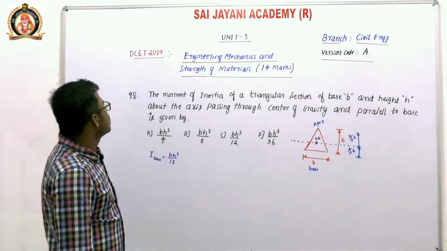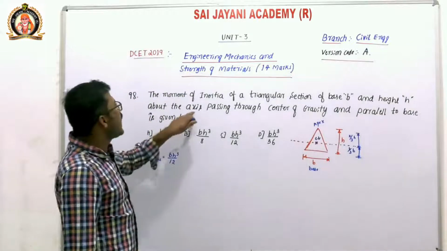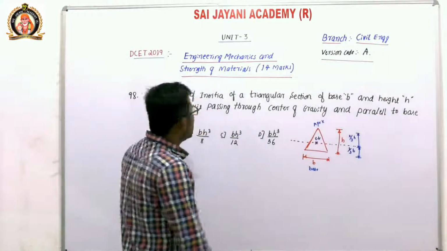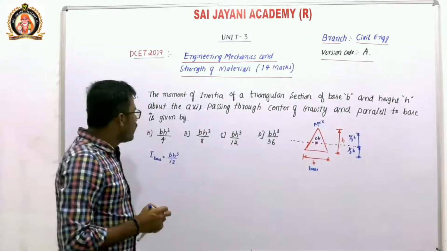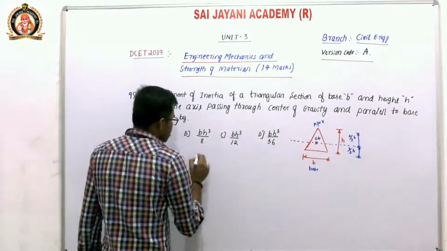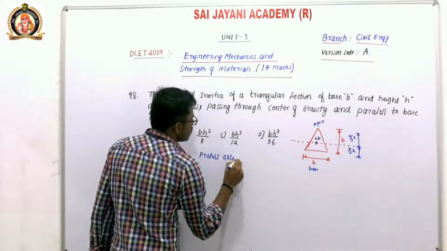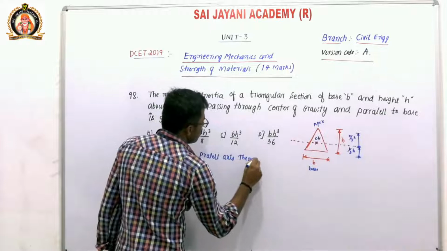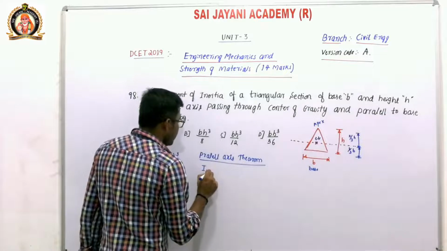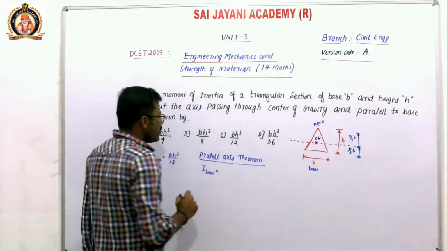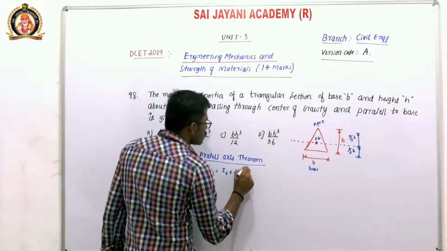But he is asking the moment of inertia of a triangular section of base B and height h about the axis passing through the center of gravity and parallel to the base. So for this question, from the parallel axis theorem, I about base is equal to Ig plus A y bar square.